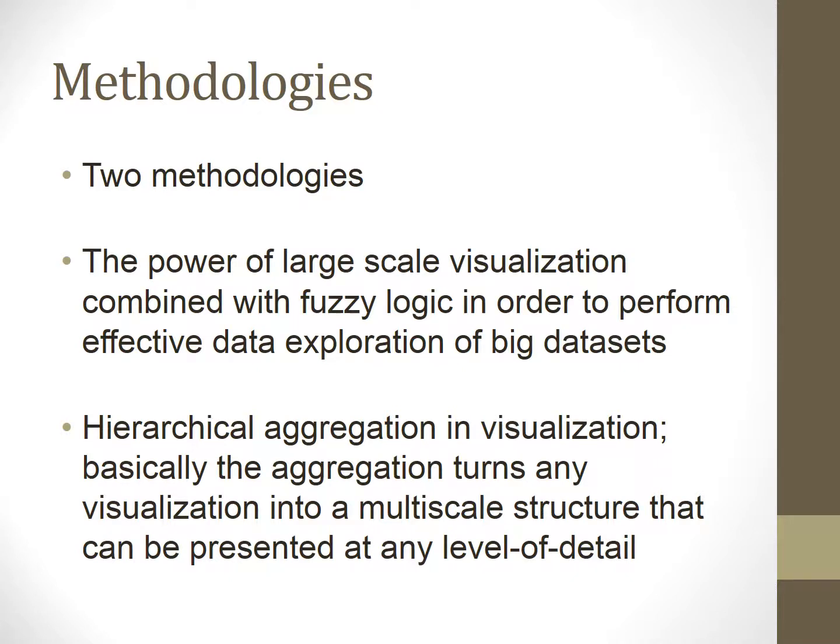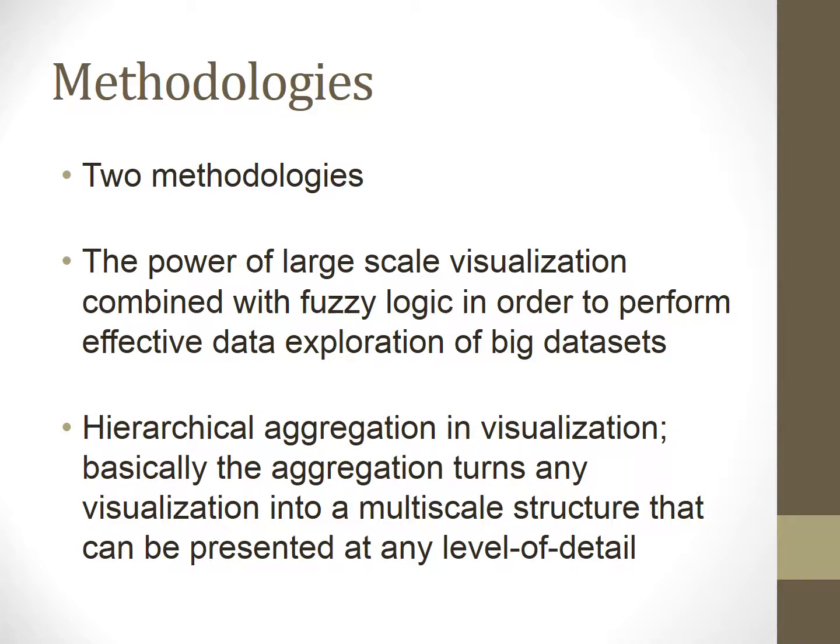So for the first methodology, the research focused on two variables defined over the graph, the degree and the weight of a node, and the two selected variables were defined as linguistic variables. Low, medium, and high were the values.